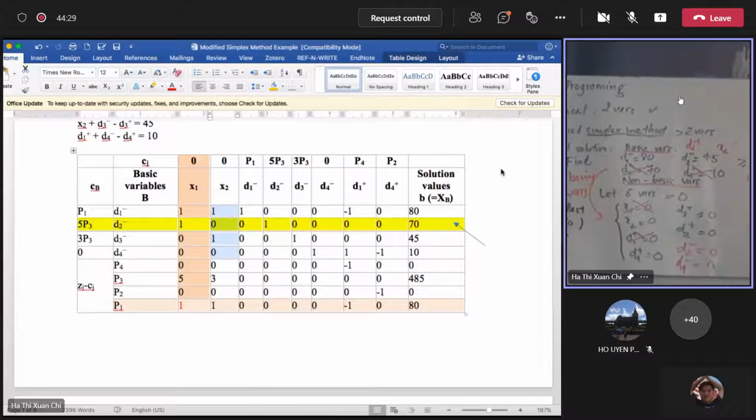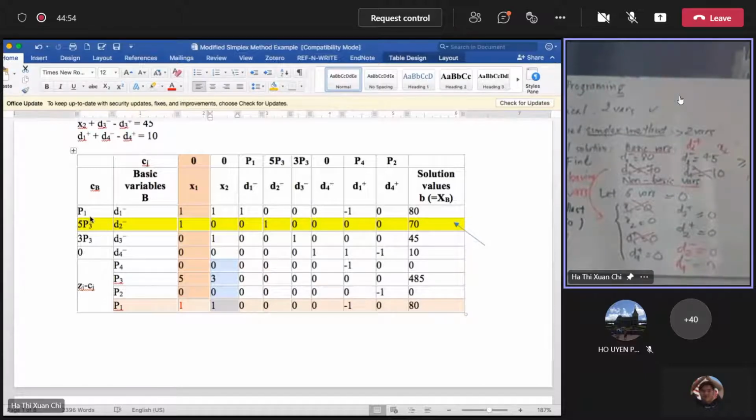Sorry, it may be the internet. I cannot hear you clearly. Can you explain the column with 0, 3, 0, 1? Yes. Okay, so it's Z2 minus C2.